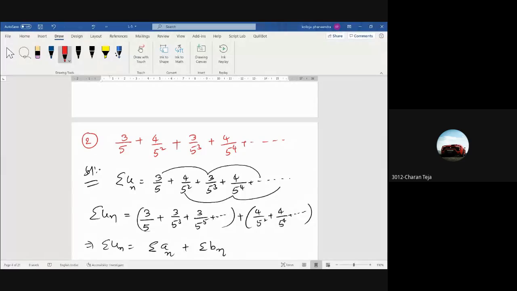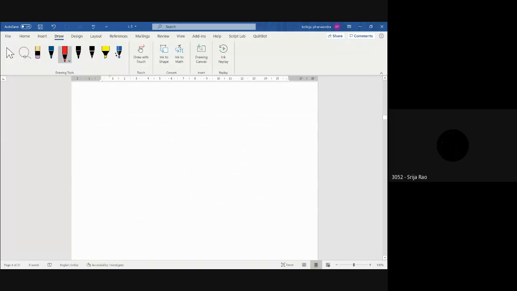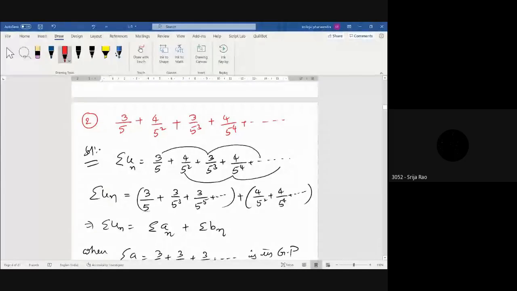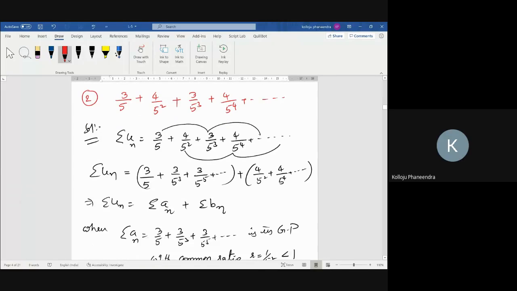Okay, sir. Thank you. Sir, for the second question itself, if we do 3 by 5 raised to n for odd terms and 4 by 5 raised to n for even terms, and solve separately for two different cases, can we do that? Yeah, I did like that only.